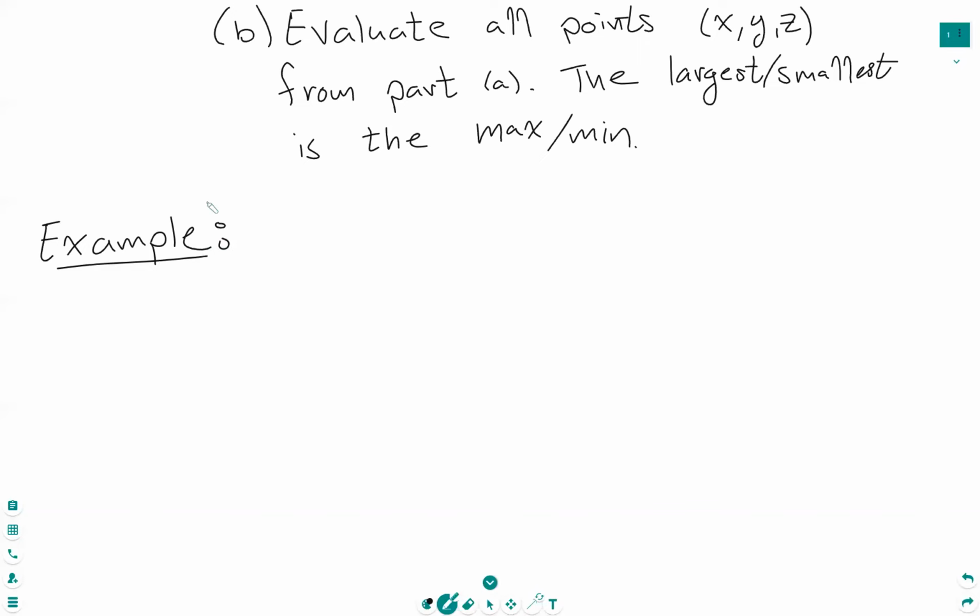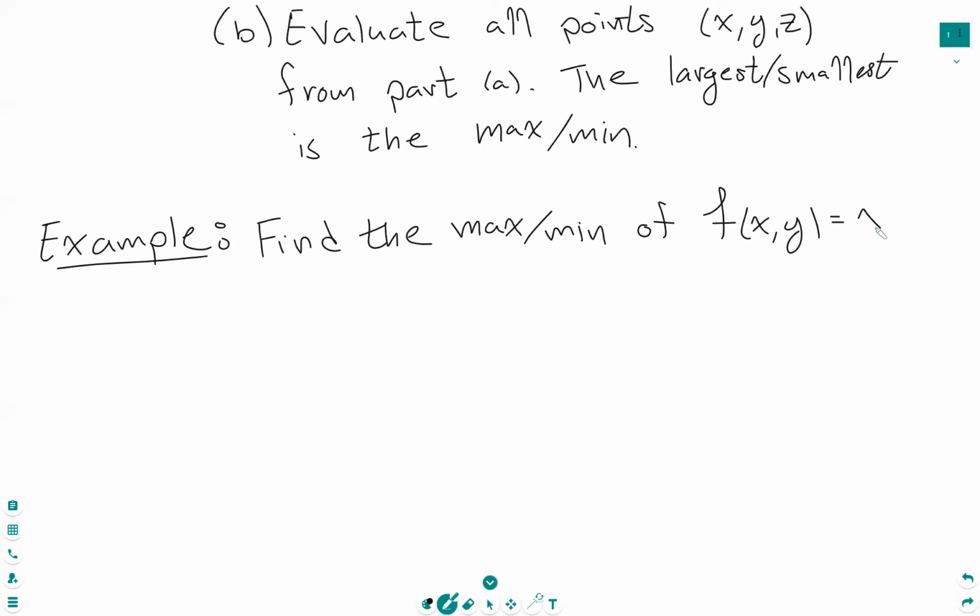The cool part about this is that you can generalize it to any dimension too. All right, so our example is: find the max and min of the function. Let's start pretty easy.